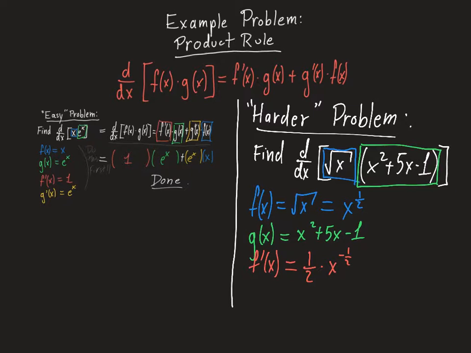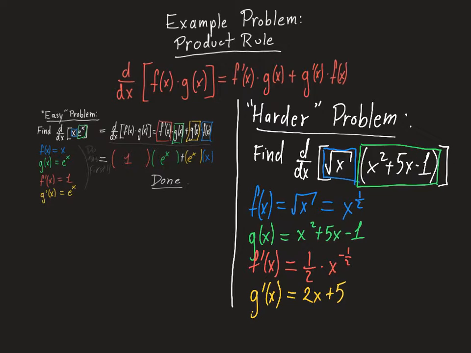If you're not certain how I got this, try applying power rule to x to the 1/2 on your own and working it through. You should be able to get to this answer. Okay, second off, we have the derivative of our function g. If g of x is equal to x squared plus 5x minus 1, then again by power rule, we get that the derivative of g of x is going to be 2x plus 5.